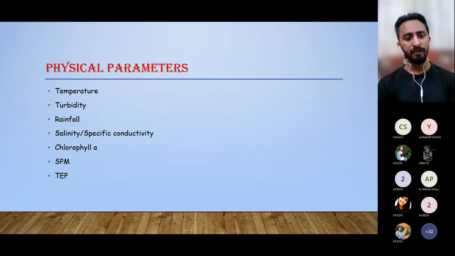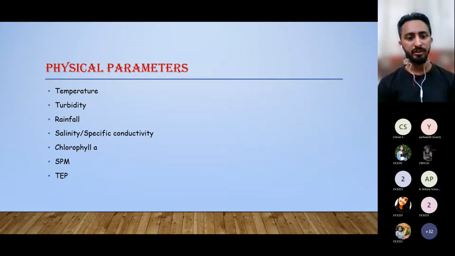Chlorophyll A is a broad term used mostly for phytoplankton and not zooplankton. So a higher chlorophyll value will directly reflect a high number of phytoplankton in the particular water body. Chlorophyll levels generally give a direct relation to phytoplankton and not zooplankton.